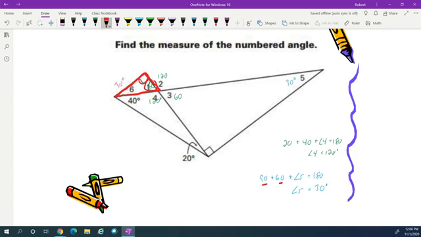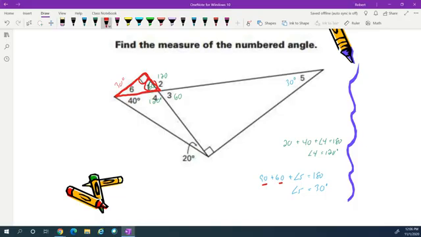So this is an example of the third angle theorem being used. If I knew the big triangle was 90, 60, x, and the little triangle is also 90, 60, x, those missing angles have to be the same.